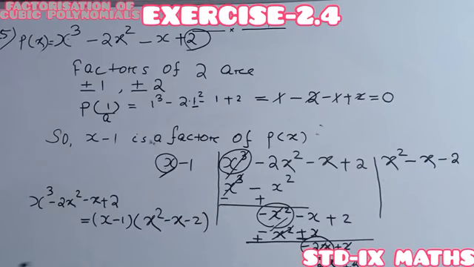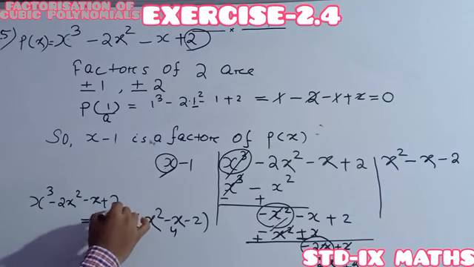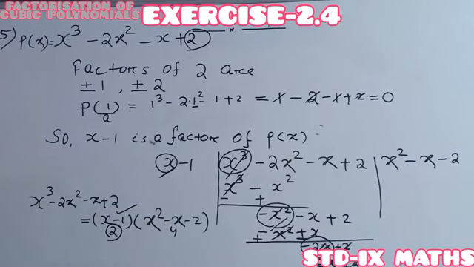Just like 8 is divided by 2, 8 is equal to 2 into 4, where 2 is already prime. In the same way, this one is already irreducible, and in the same way we have to make the other one irreducible.